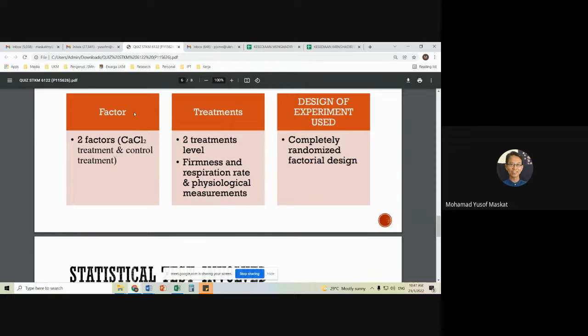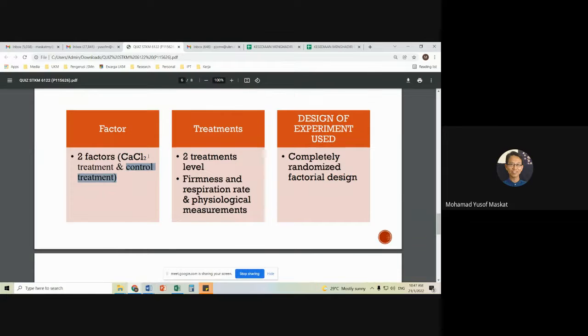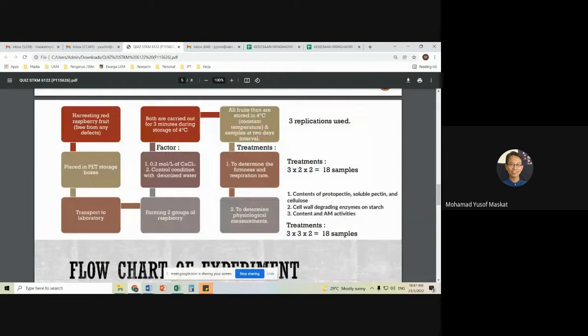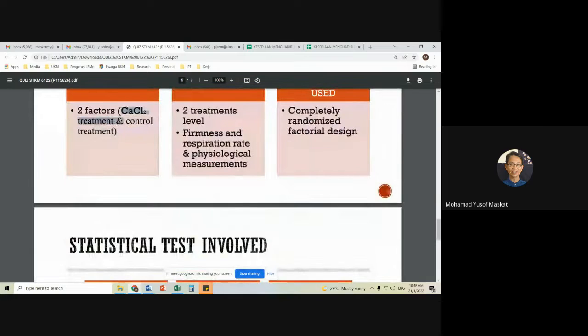What is the factor? The factor is treatment. What are the levels? The levels or types are, one, without treatment or without calcium chloride, zero calcium chloride, and the second one is 0.2 mole per liter calcium chloride.